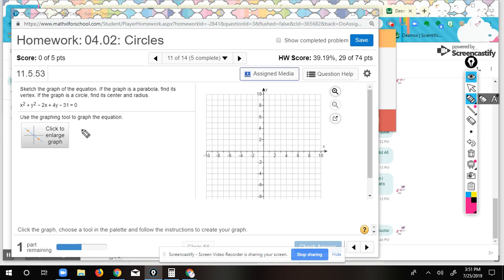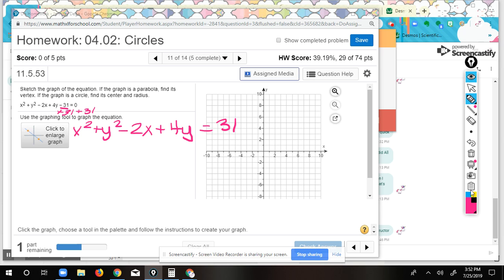So first thing we're going to do is move this -31 to the other side, because any plain numbers we just don't want to deal with. And when you move things to the other side in algebra, you always do the opposite of what's there. So we would add it. So now I'm dealing with x squared plus y squared minus 2x plus 4y equals 31.